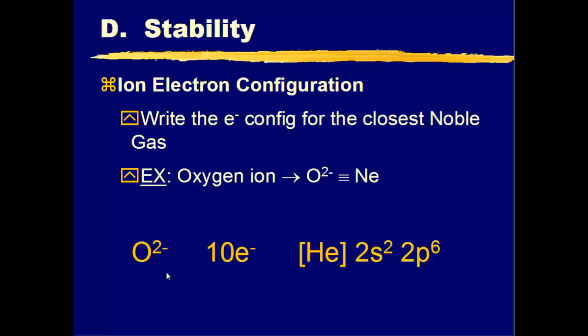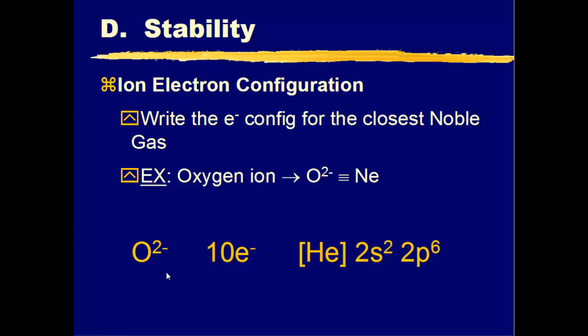Think about how oxygen can get a noble gas configuration. Count the squares going forward to group 18, or count the squares going backwards to group 18. The atom is going to do whichever path is easier. In oxygen's case, it's easier to gain 2 electrons so that it looks like neon.